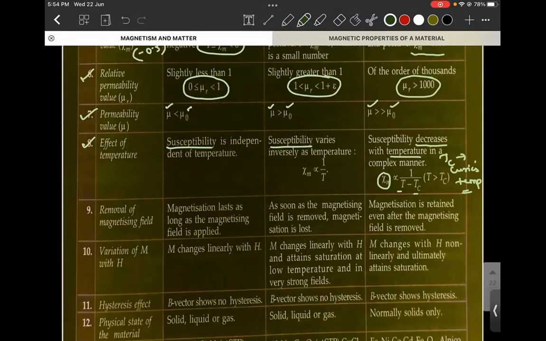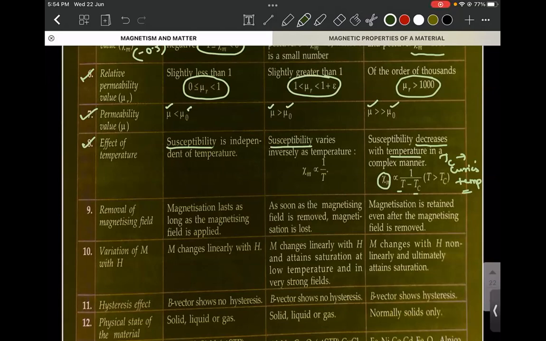What this Curie temperature represents is exactly the temperature at which a ferromagnetic substance will lose all its magnetic properties. So one important point: if you have a magnet and you want that magnet to get demagnetized, one of the ways is by raising the temperature of that material.